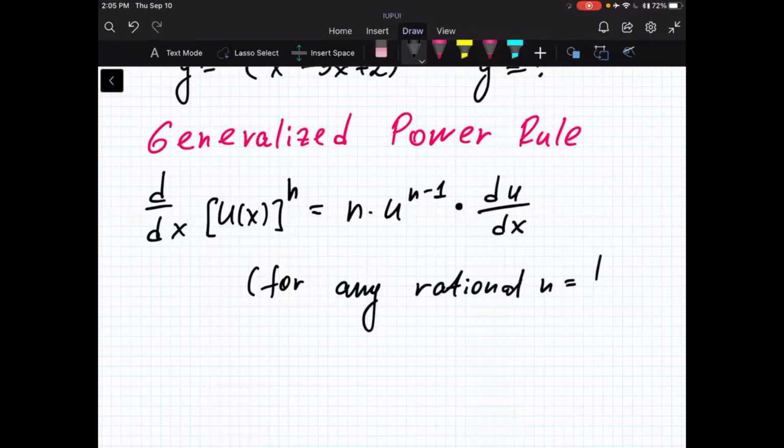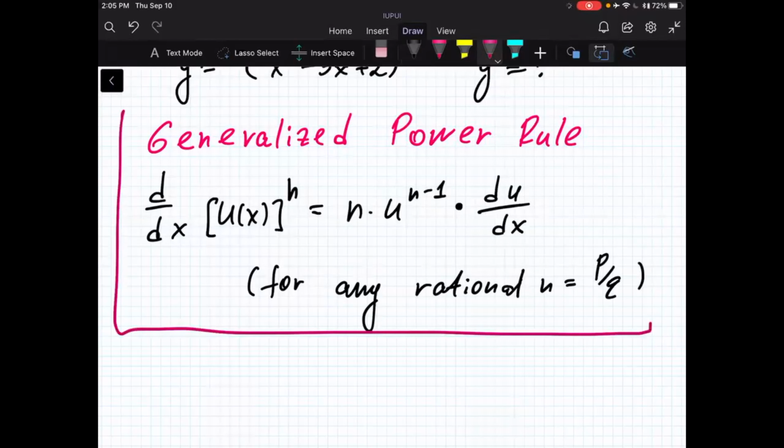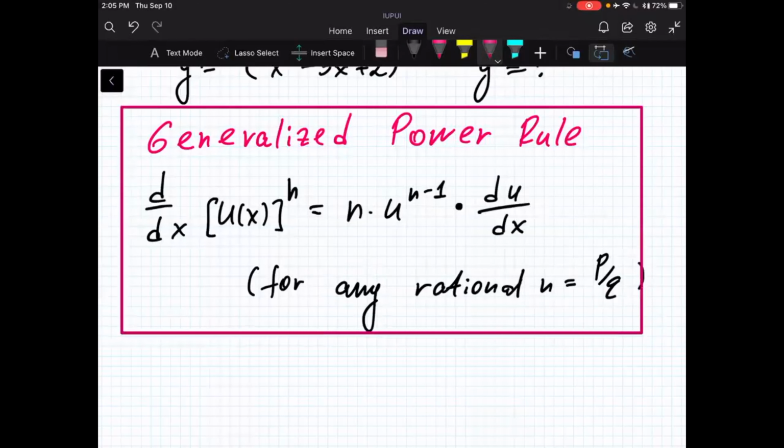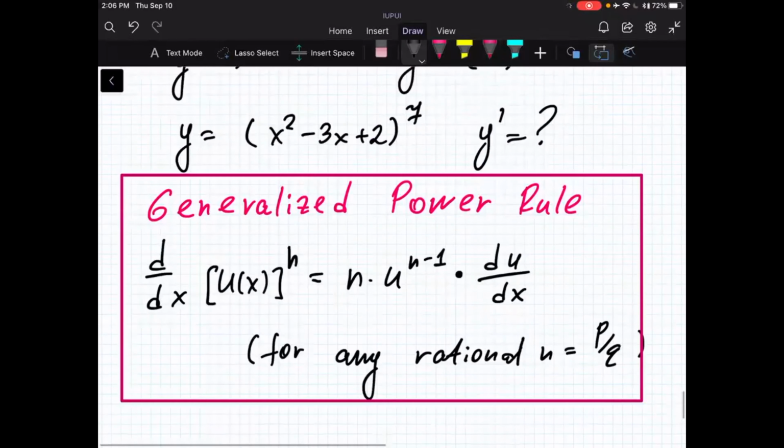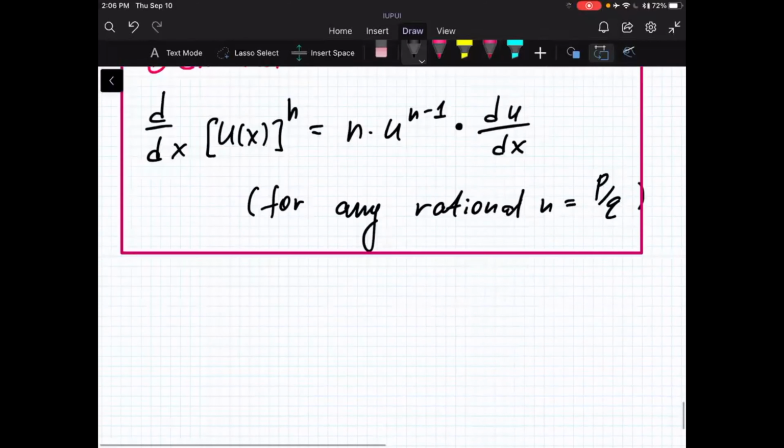So n can be represented as a fraction p over q. And this is the generalized power rule. So let's prove it.